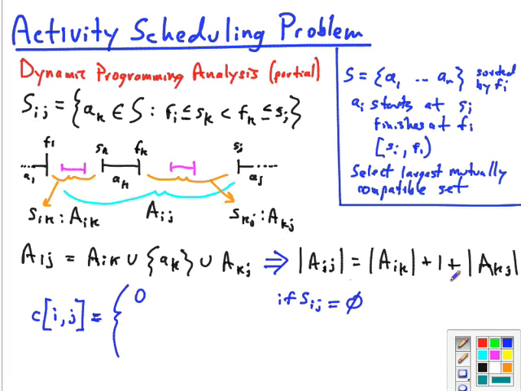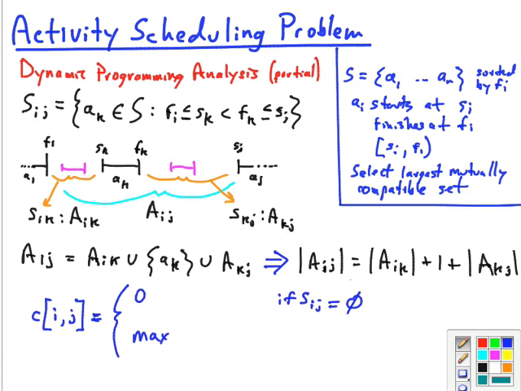Well, here's an equation for a particular choice of A sub k that we split it by. Remember, at the outset, we assume that we can make the optimal choice, and then we analyze the substructure assuming we have made the optimal choice. But now we have to dispense with that assumption, since we don't know what the optimal choice is. So as usual, we do basically a search.